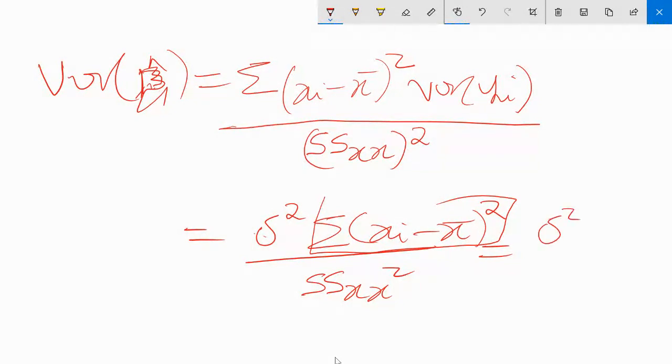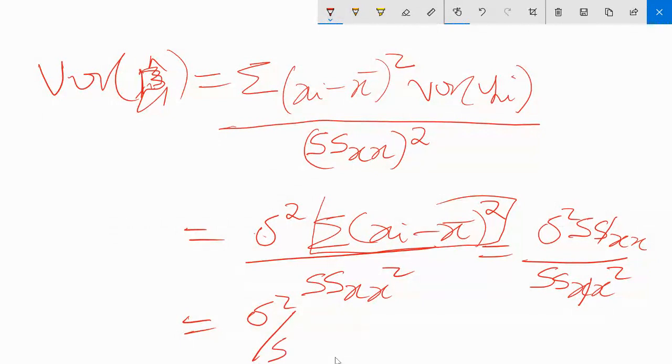So we have sigma squared multiplied by SSXX divided by SSXX squared. So this will cancel one SSXX and we will be left with sigma squared divided by SSXX. Is it clear?